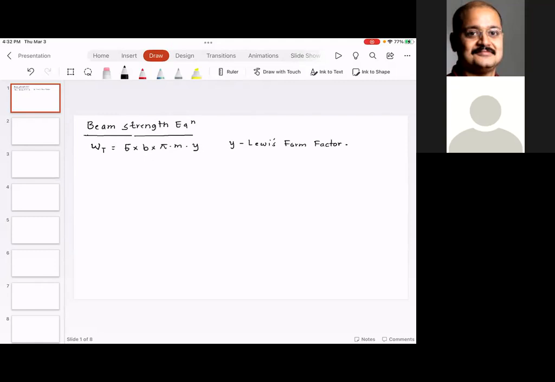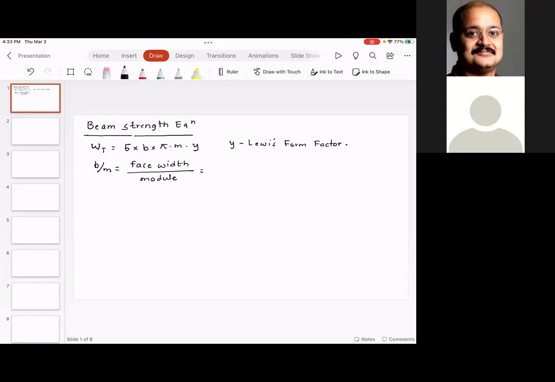Now, typically, B by M, where B is the face width and M is the module, this ratio is given to us. If this ratio is not given to us, we can refer to the design data book and find it.